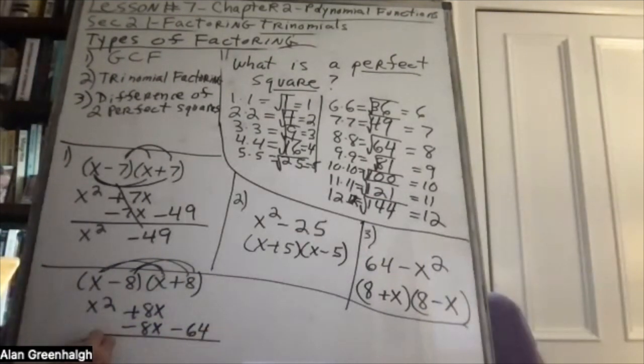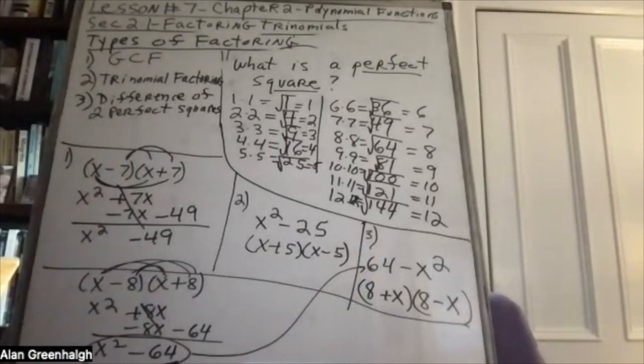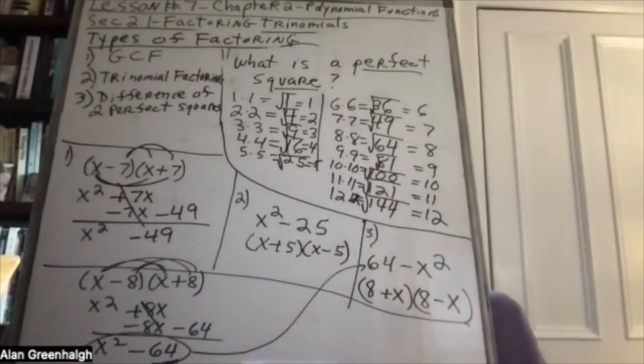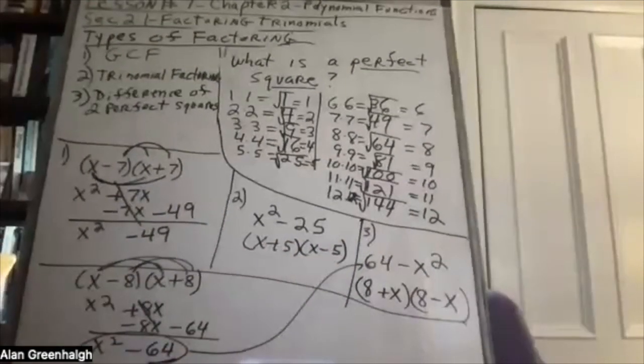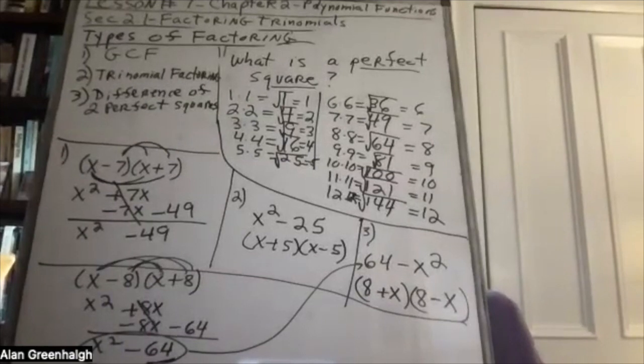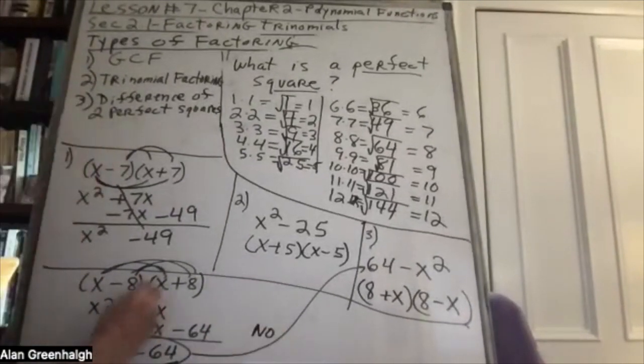So this is what you wind up with. Is this what the original problem was? Is this what I gave you? No. The answer is no. So therefore, this is no good.